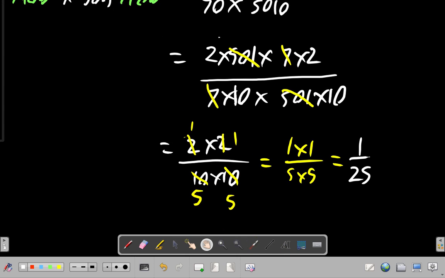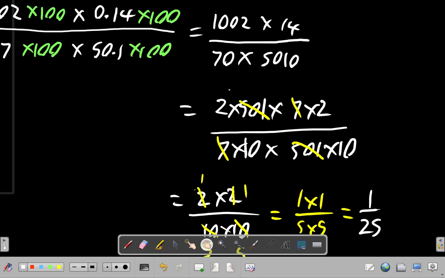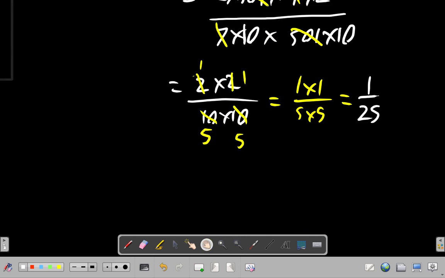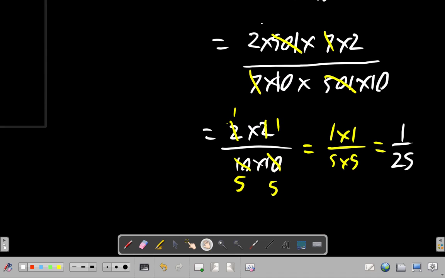No calculator now, I have to show how you get it. 1000 over 2 is 500, so 1002 over 2 is 501. You split this into 501 by 2, split the 5010 into 501 times 10. And you see what can cancel. 7 times 2, 7 times 10, the 7 will cancel. So you go just like that and work it out, and you get 1 divided by 25.